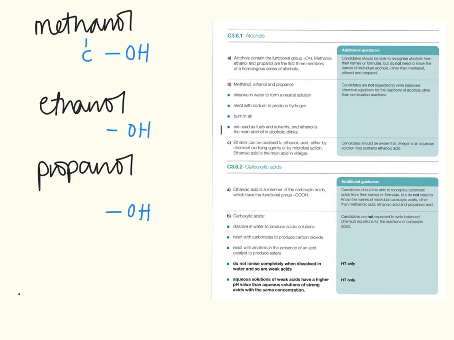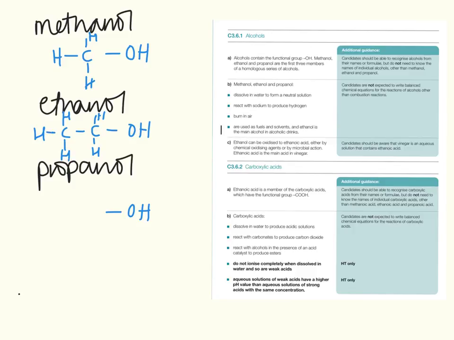So with methanol, I've not left myself enough room, bad drawing. But methanol here, 1 carbon, 3 hydrogens in the OH group. Ethanol, because it's eth, it's got 2 carbons. Draw yours a lot better in the exam.